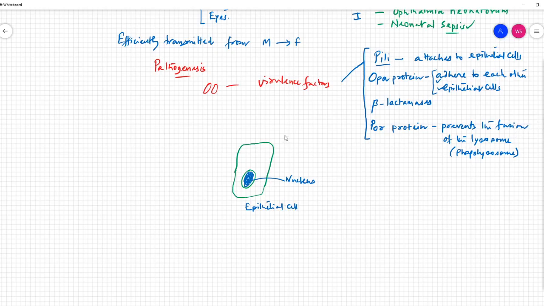So what happens is, let us consider maybe this is the diplococci. It comes and, using the pili, the virulence factors, it attaches and then it kind of damages the cell.